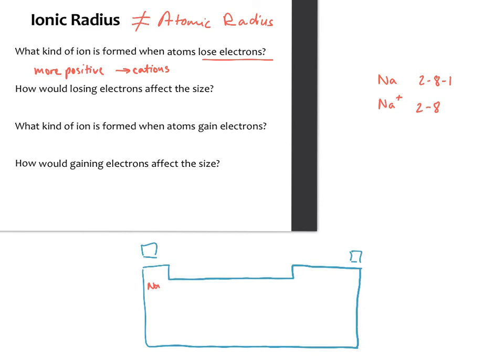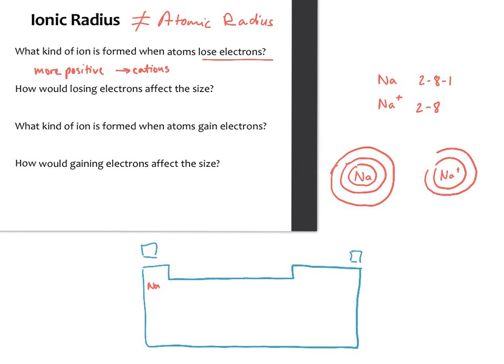Now what do you notice here? 2,8,1 has 3 electron shells. 2,8 has 2 electron shells. So let's draw that out. 1, 2, 3. And then there's Na plus. There's just 1, 2. So cations in general are smaller. So over here, Na is bigger than Na plus.